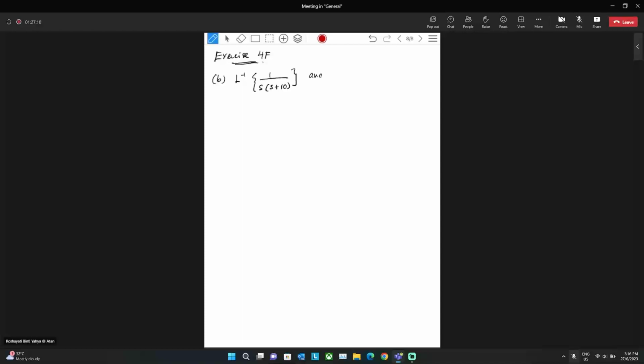And find the inverse Laplace transform of exponential negative 2s over S plus 10. You may try. I give you 10 minutes. Okay.